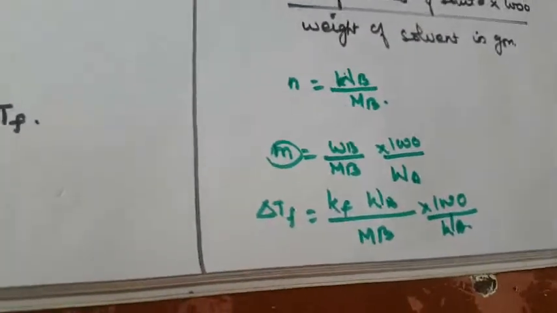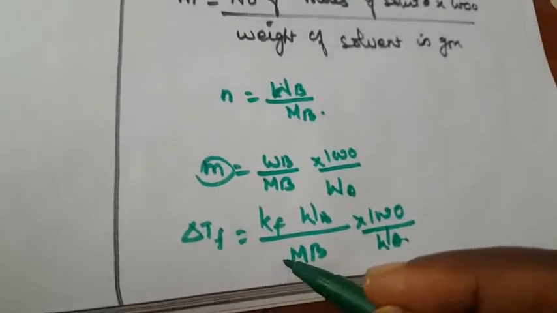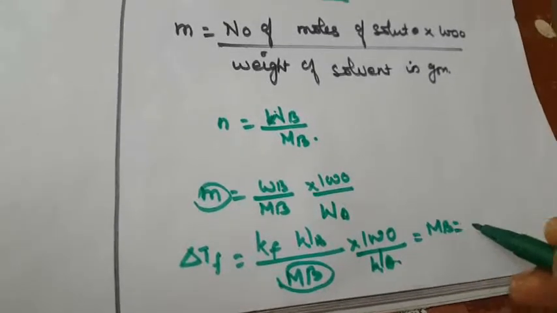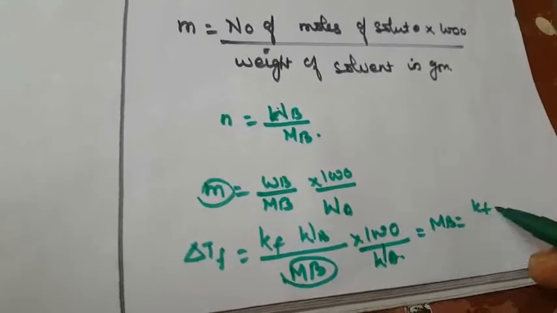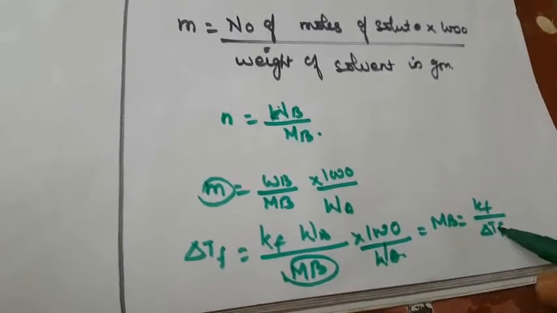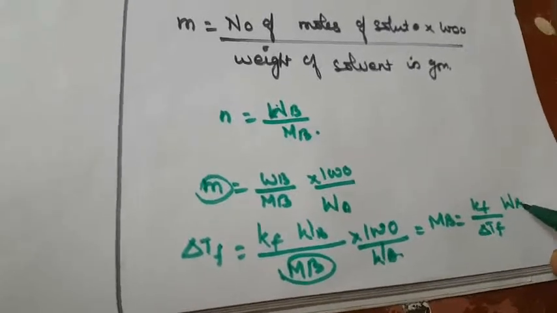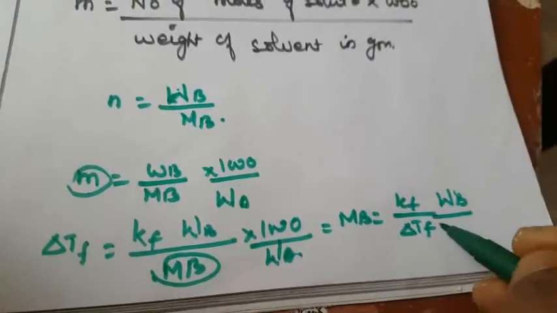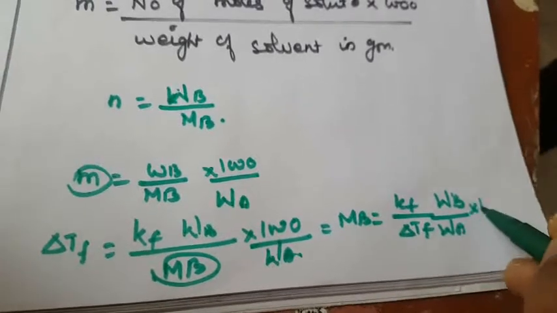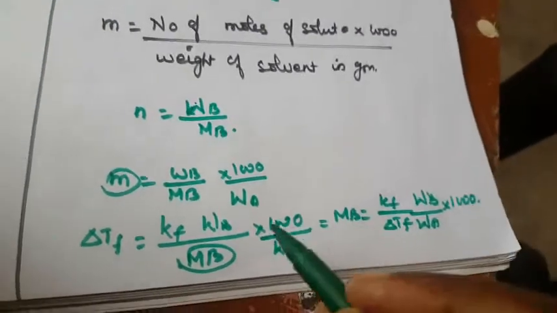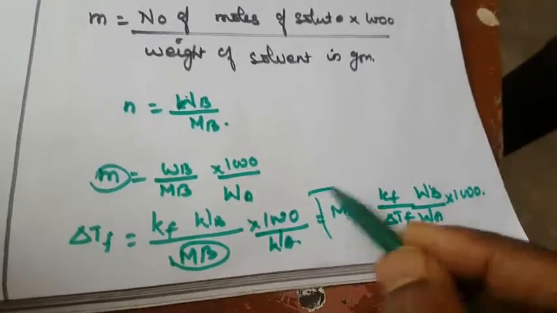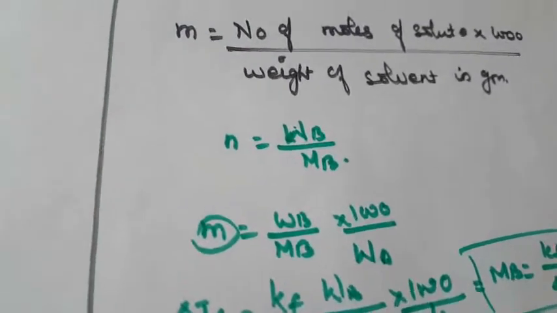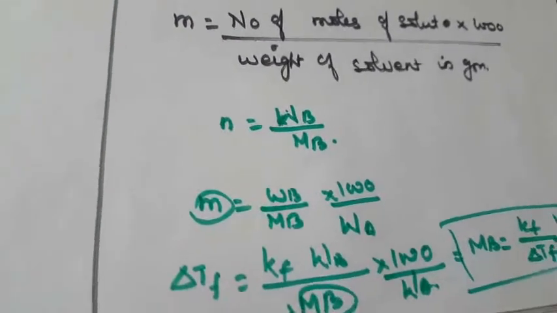To get MB, MB is equal to Kf into WB into 1000 divided by delta TF into WA. This is the molecular weight calculation of the given compound from the depression of freezing point. Using this calculation we can easily calculate the depression of freezing point.